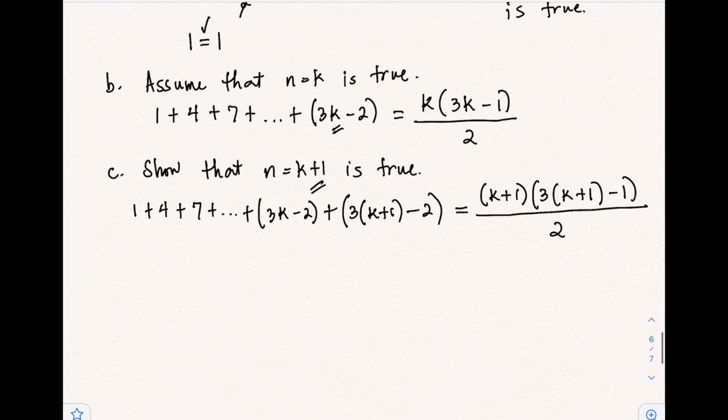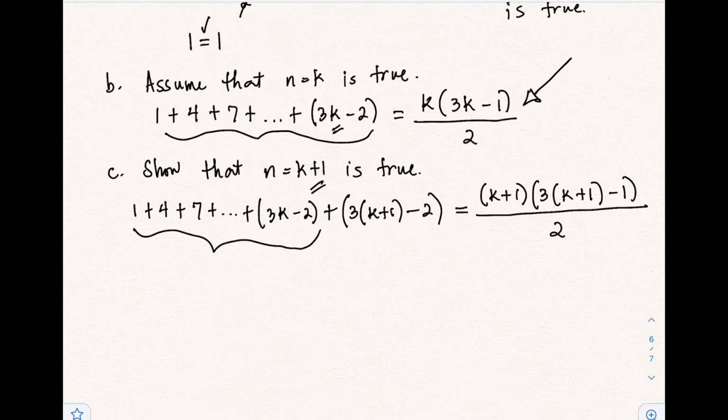So as you can see, doon sa ating step B, itong statement na to guys, is same nung ating statement dito sa ating C. Tama? So ibig sabihin, pwede nating i-substitute itong expression na to dito sa ating bagong statement. So we have k times 3k minus 1 all over 2. Okay? Then plus, ito na yung ating last term.